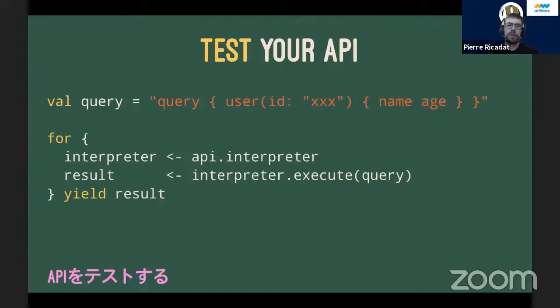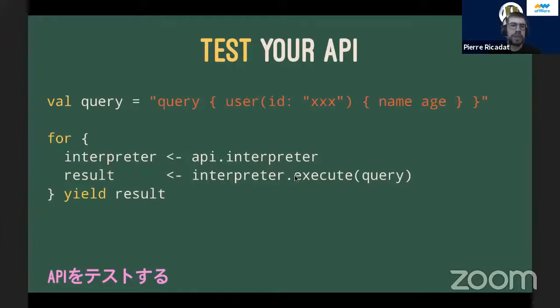When we create an interpreter, there are some validations that are done to verify that the schema is valid. And it will generate an optimized view, a view that is optimized for execution. It's recommended to do this only once. So when you start your application, you create your API, you create the interpreter, and then you can use the interpreter for all the requests.